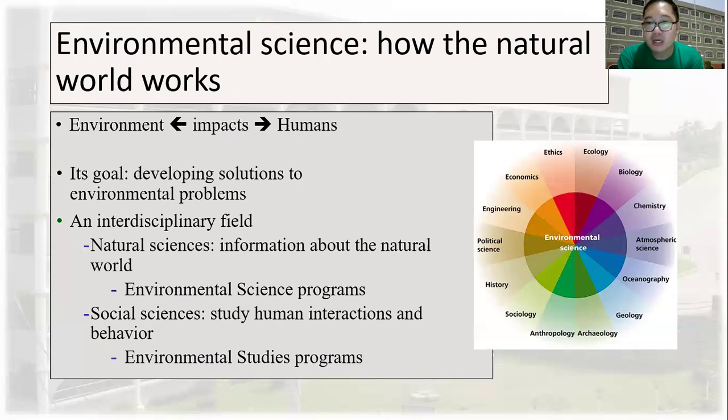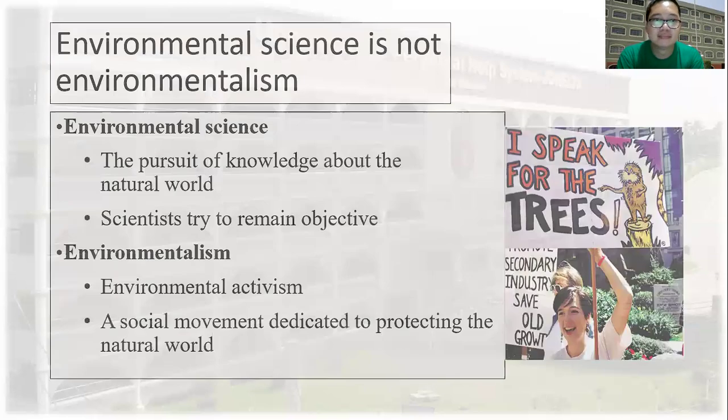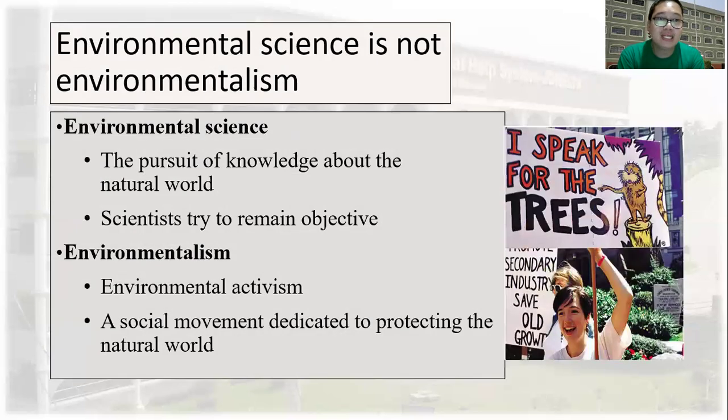As you can see on this pie chart, environmental science is not environmentalism. Whether you are an environmental science student taking up this course, it is the pursuit of knowledge about the natural world.